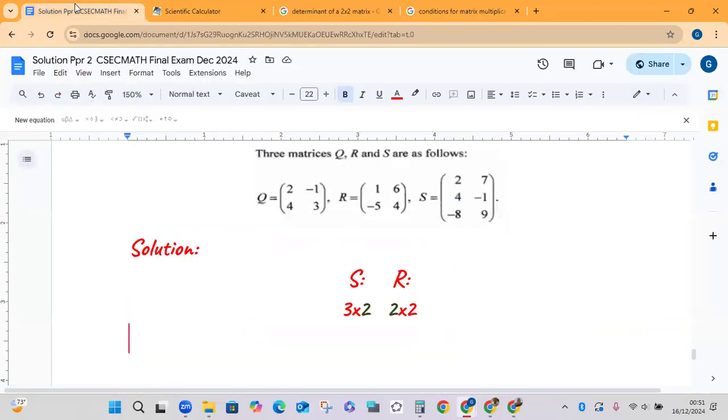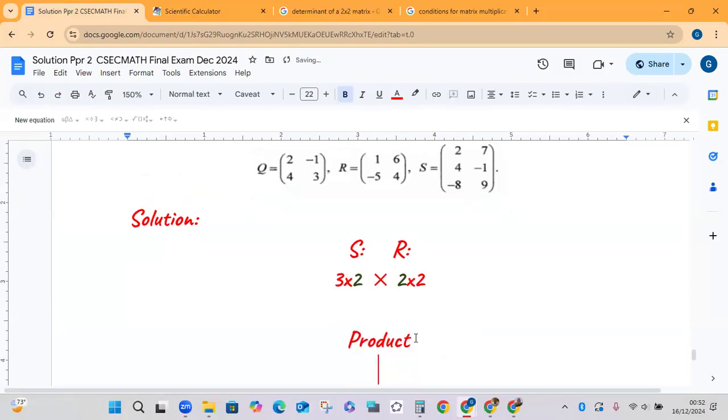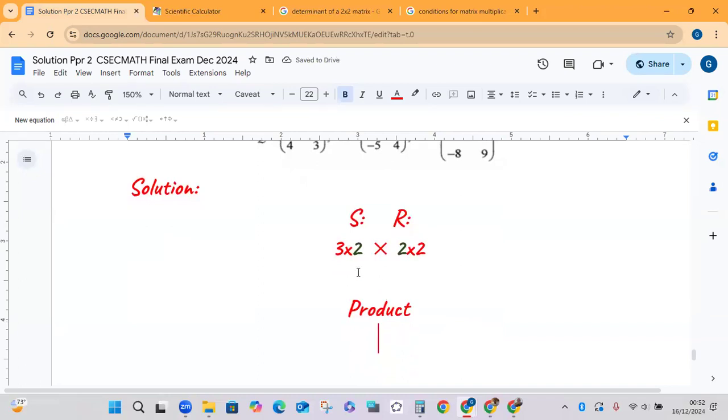So therefore, if we are multiplying a 3 by 2 times a 2 by 2, the product must have the number of rows of the first and the number of columns of the second.